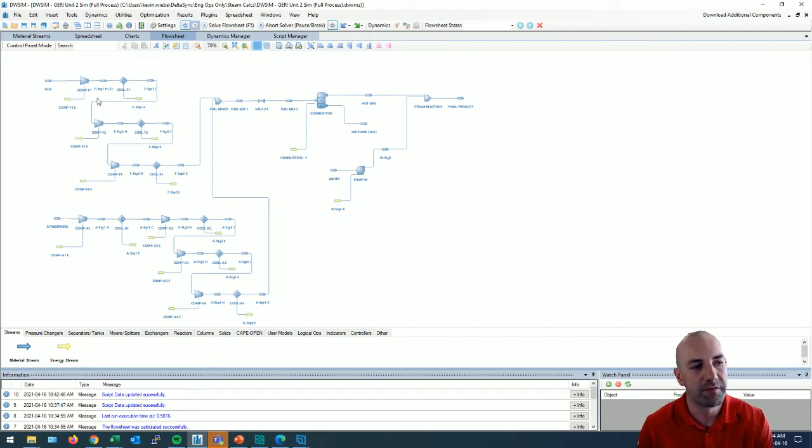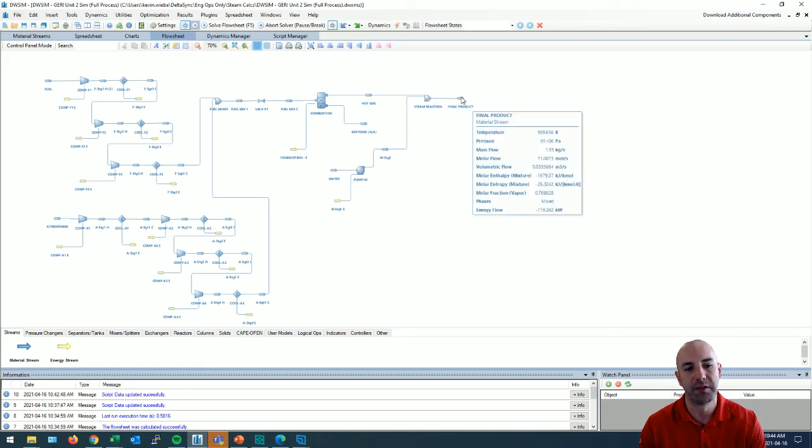So the fuel gas and the air side are both pumped into the direct contact steam generator, where it is combusted. Water is added almost instantly, almost immediately right after the combustion, and we're able to get our final product here. The temperature is not actually what you think it would be.